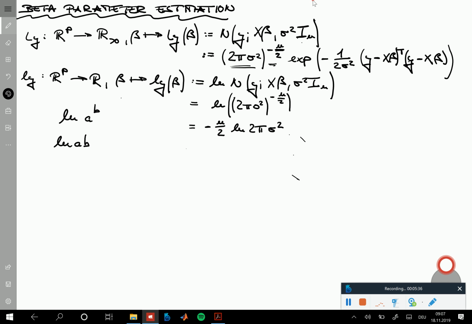So this is then usually, because we will also be interested in this, so we take this out of this term so that we have one isolated term for this. So we can write this as log 2 pi, which is independent of beta and sigma square. So for maximization, this term can be neglected. If you compute the derivative with respect to beta or with respect to sigma square, this of course goes away. And we have minus n half ln sigma square.